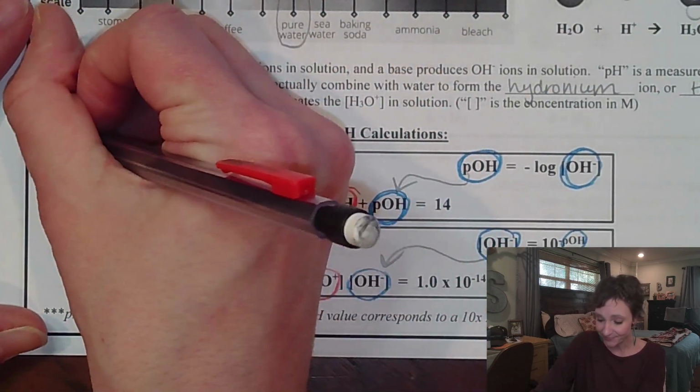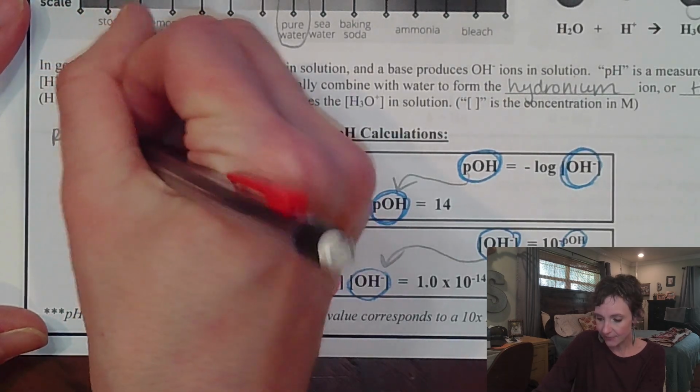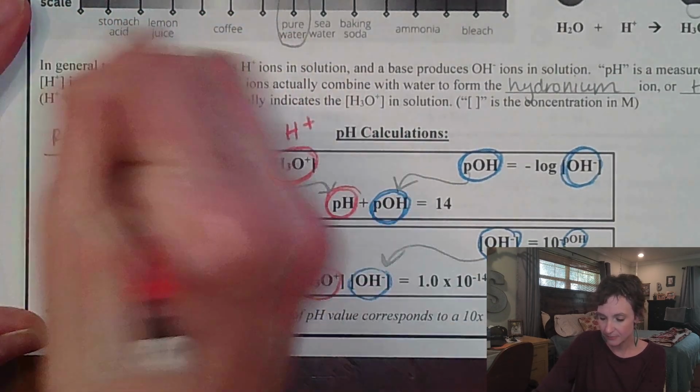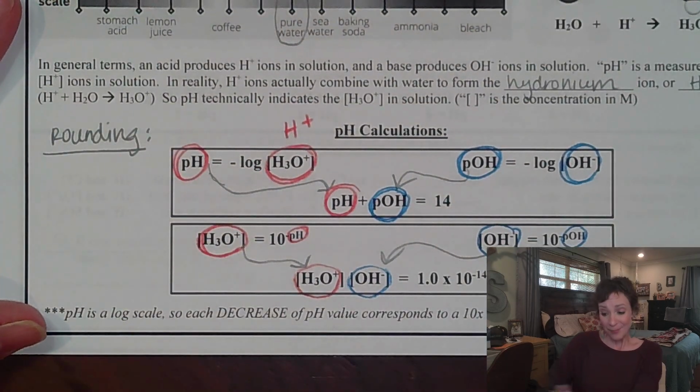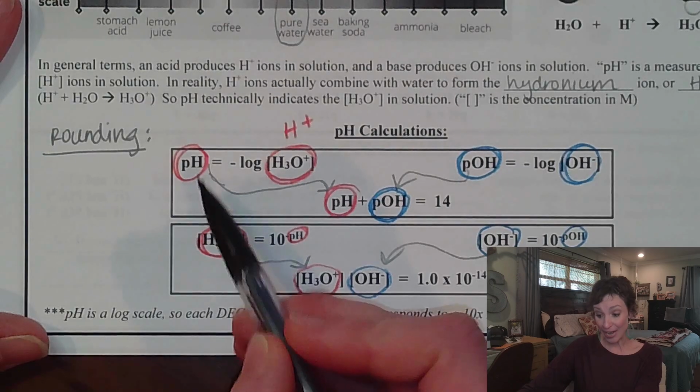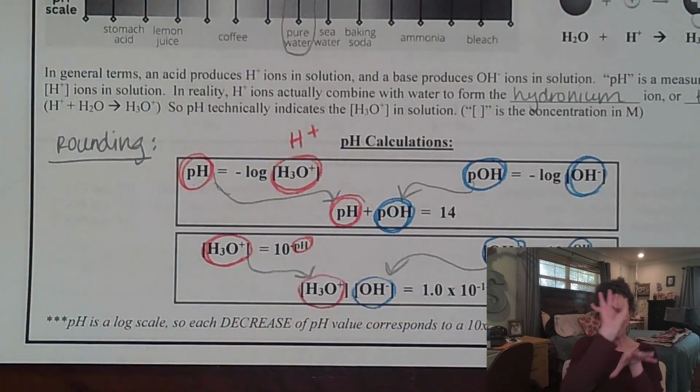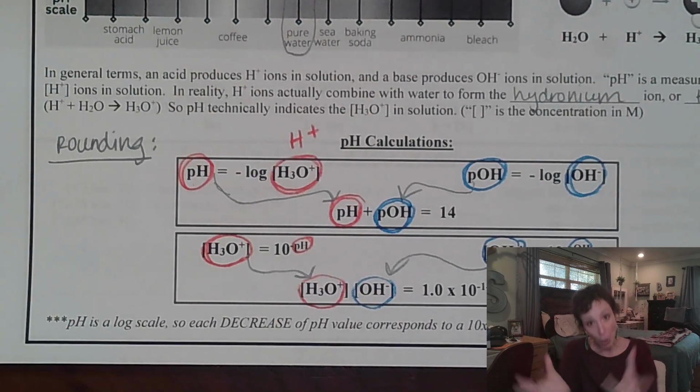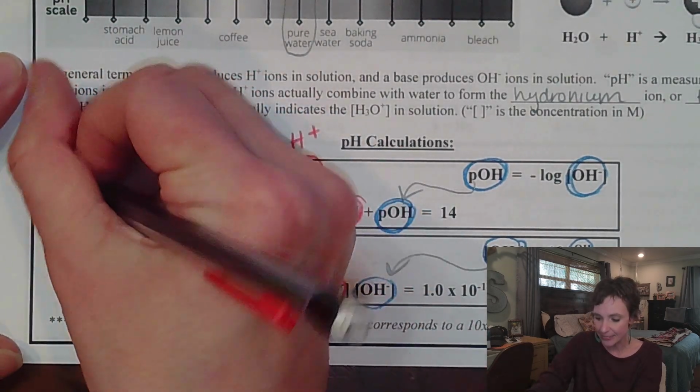So for my rounding, we're going to write this over here on the side, because we have some space. Because we're on a log scale for a pH value, we're looking at places past the decimal. However many places past the decimal there are is going to be however many sig figs total need to be in the concentration.